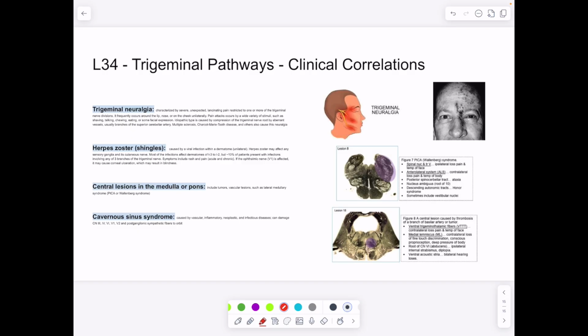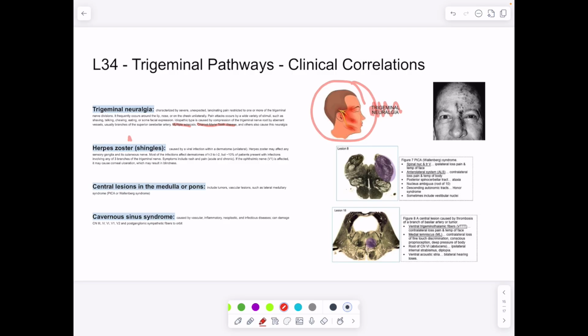All right, finally, clinical correlations. We have trigeminal neuralgia, so basically severe pain to this region, and it's from some sort of issue attacking the trigeminal nerve: multiple sclerosis, Charcot-Marie-Tooth disease, but not good.